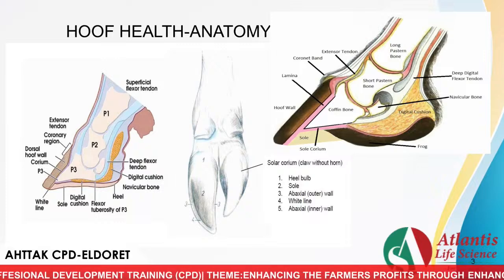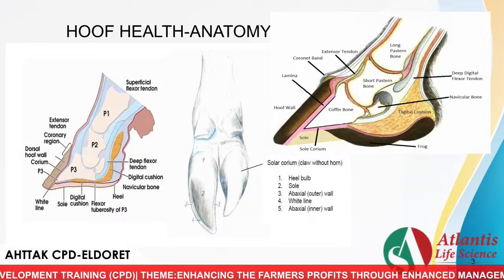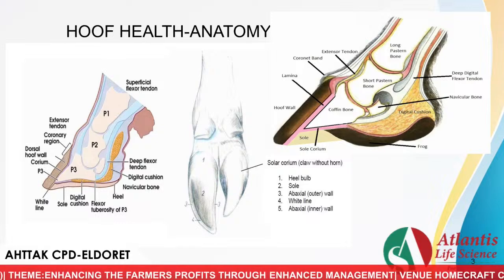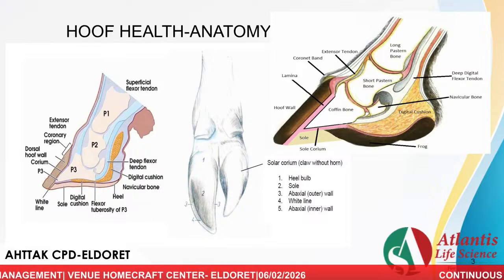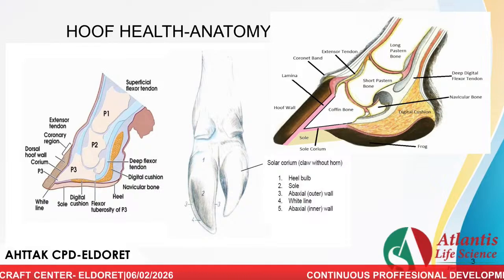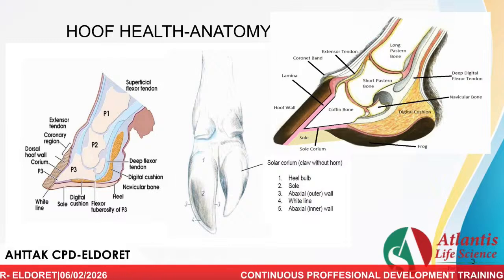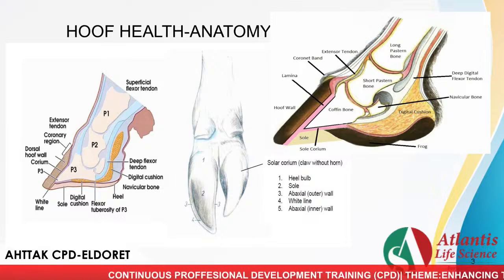And then another structure of great importance is a small structure here called the distal sesamoid bone, or navicular bone. Those are some of the things I really wanted you to remember before doing anything to do with treatment of a hoof.